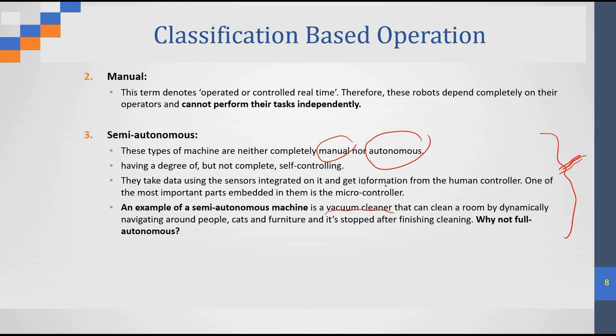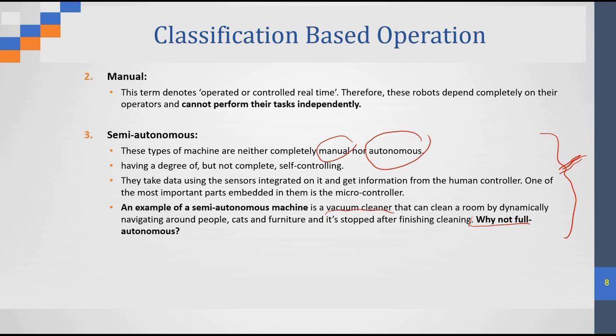Here are some examples, such as the vacuums. If you see the description here, I give an example of a semi-autonomous machine: a vacuum that can clean the room, dynamically navigating around people, cats and furniture, and stopping after finishing the cleaning. Here we can say it is not fully autonomous.